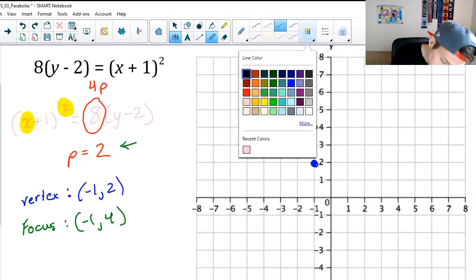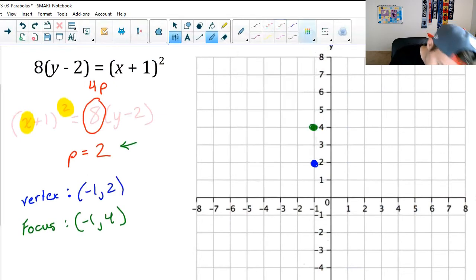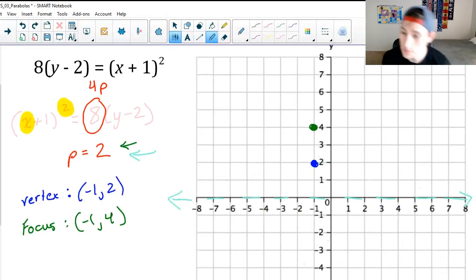Then to determine my directrix, it must be in the other direction. Since the value of p is 2, now I'll go down 2 from the vertex. So this line must be the directrix.